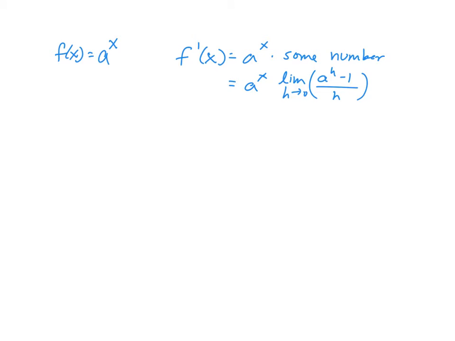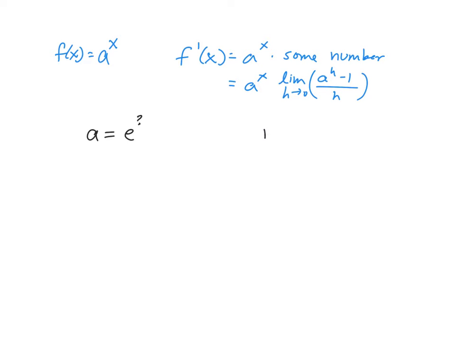But today, my friends, I'm going to show you a quicker way to get that number, what that limit is equal to. It comes from the fact that if we have a, we can write it as e to some power. I don't know what that power is, but really any positive number a, we can write as any positive number to a power.